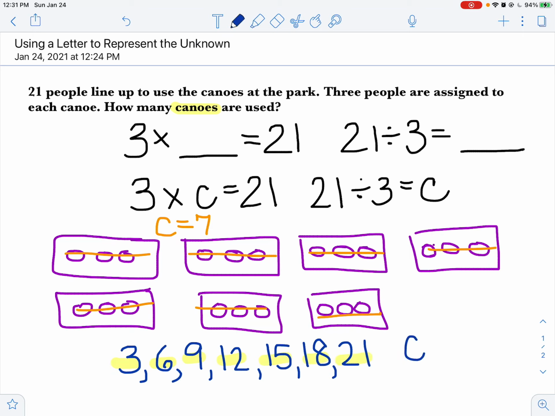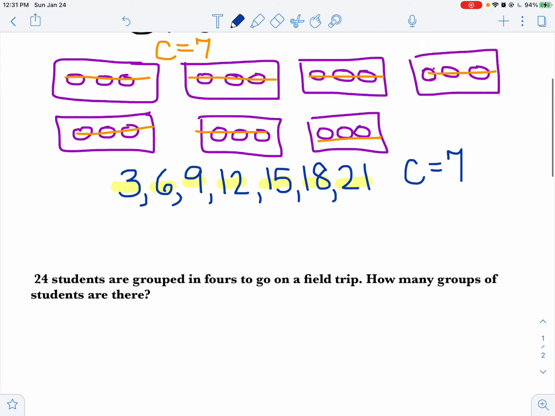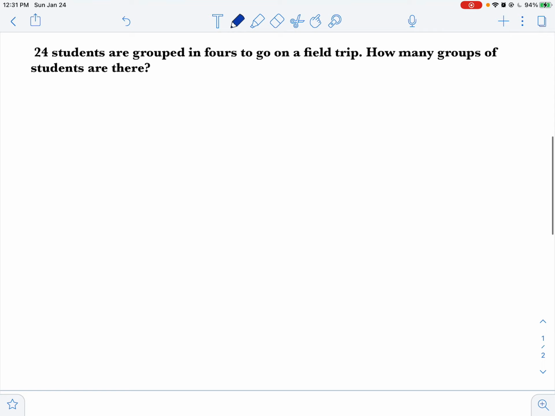And still, C is equal to 7 because I counted 7 times. Okay? So the letter C just simply stands for that blank that we've usually been used to drawing, right? Usually we draw a blank, or maybe sometimes we draw a question mark. Now we're just going to use a letter. Not too bad, right? Let's take a look at our next one.